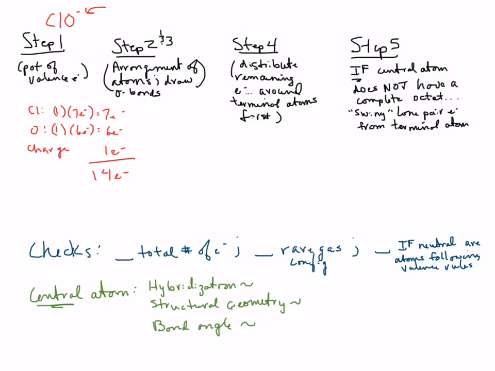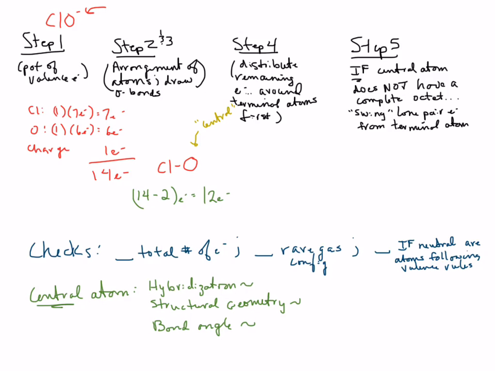So the next step is to draw the preliminary Lewis structure. So if you don't mind, I've kind of randomly chosen the oxygen's going to be our central atom, if that's okay with you. So basically, we only have 2 electrons in our preliminary Lewis structure. So 14 minus 2 is 12. So we have 12 electrons to distribute.